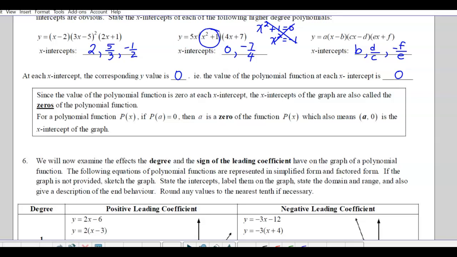Okay? So since the value of the polynomial function is 0 at each x-intercept, the x-intercepts are also called the zeros. We talked about that with quadratics. For a polynomial function p of x, if p of a equals 0, then a is a 0 of the polynomial function. And so those are the coordinates of the x-intercept.